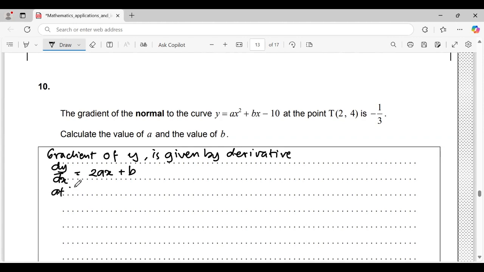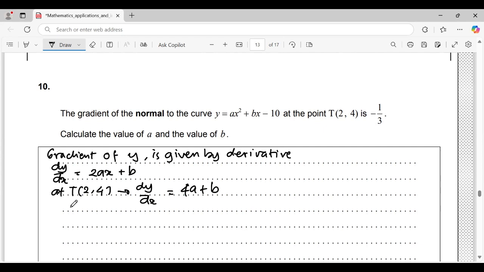At coordinate point 2, 4, the gradient becomes, if x equal to 2, according to this coordinate point, the gradient will be 2 times 2, 4a plus b.